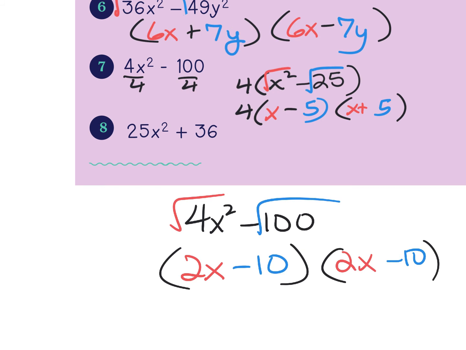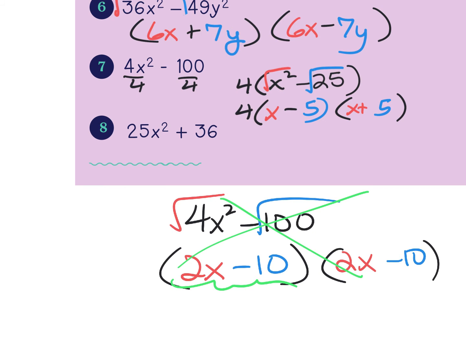So if there's still something in here that you could have divided these two by, then you should have gone back and looked for the GCF. So if you do this on the test, you get it wrong. Always, always, always look for a GCF first.